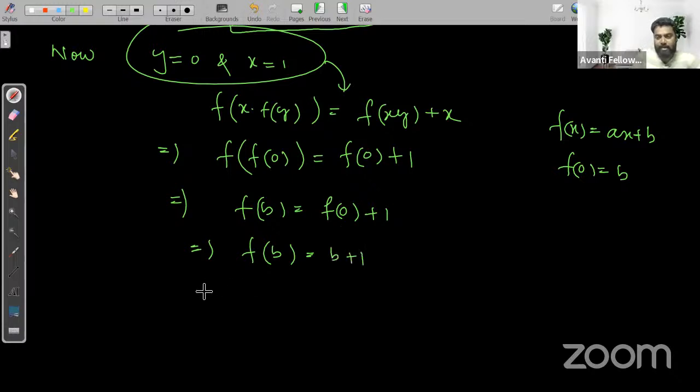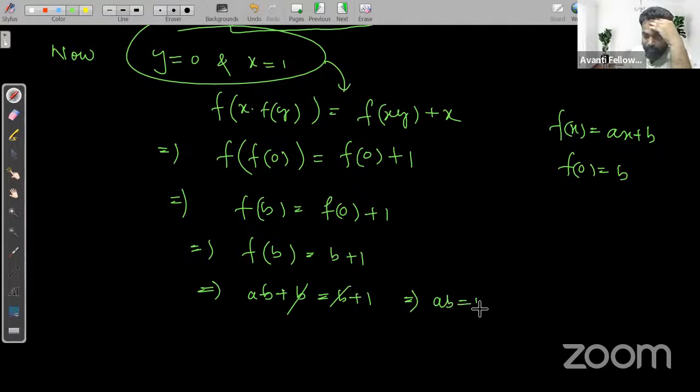So f of b is actually ab plus b, which is equal to b plus 1. From both sides b will be cancelled out, so we are getting ab is equal to 1 here. This is my equation 2.